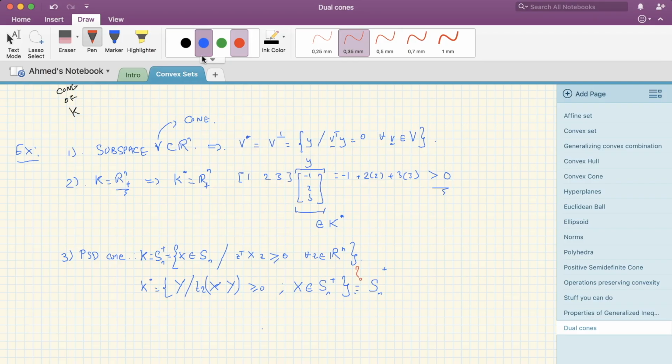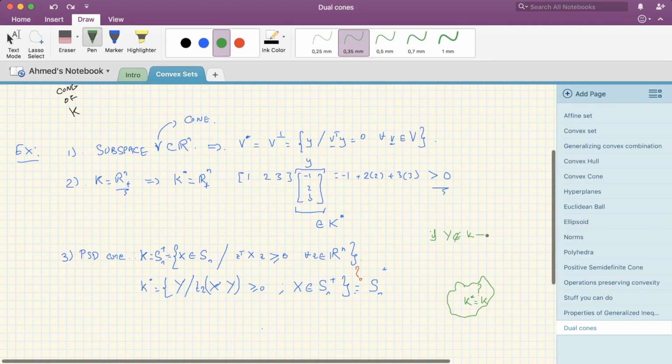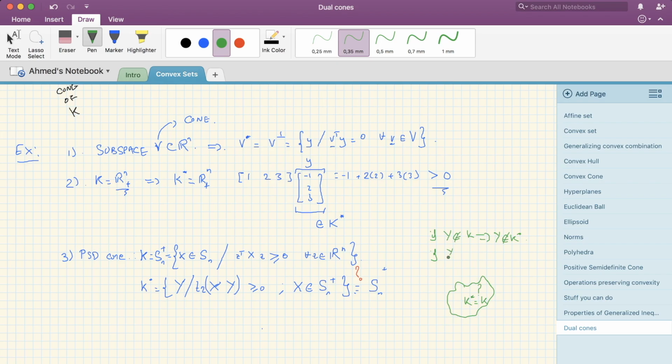Well, it's simple. This could be proved by, so if this is k star, you can prove it using the following logic. If you want to prove that k star is indeed k, then all you have to do is prove the following. If you pick a y not in k, then it should not be in k star. And if you choose a y in k, then it has to be in k star.